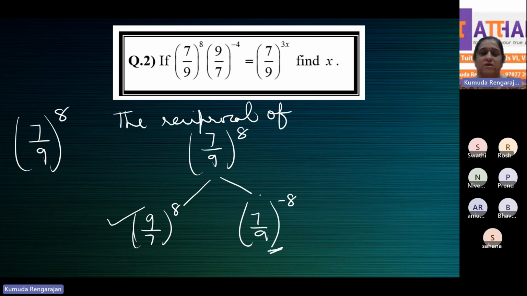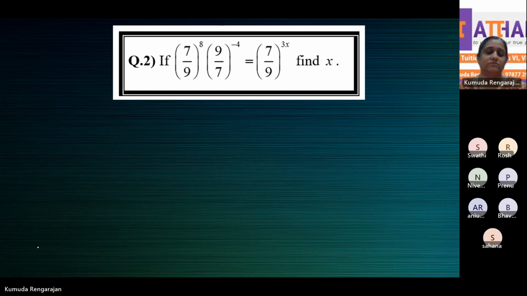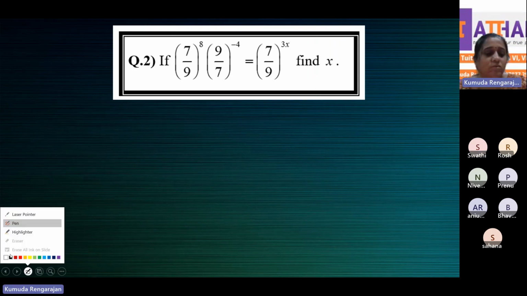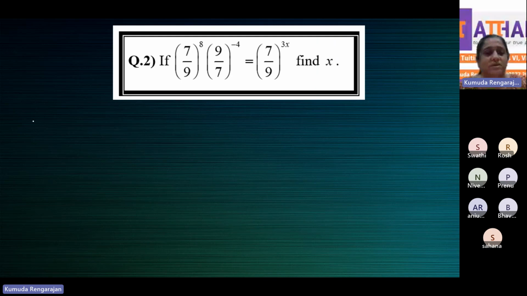Here you have written the base as it is and written the negative of the power. So if you do one of the two, it is reciprocal. If you make both the changes, equivalent. Understand, children? Yes, ma'am.